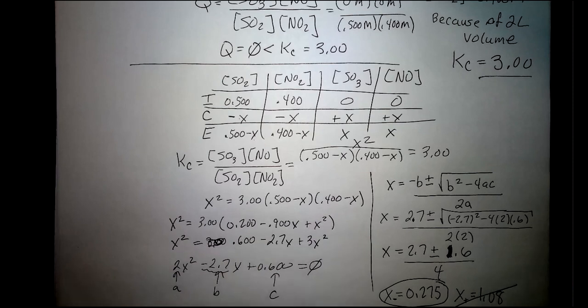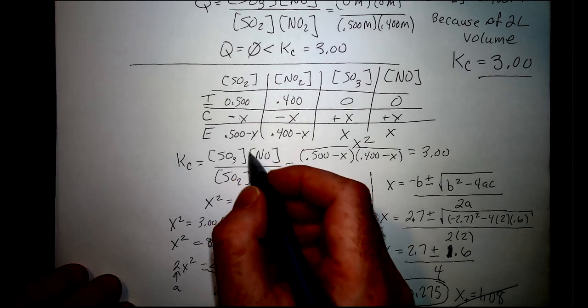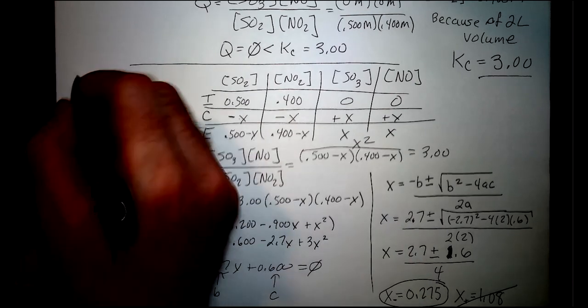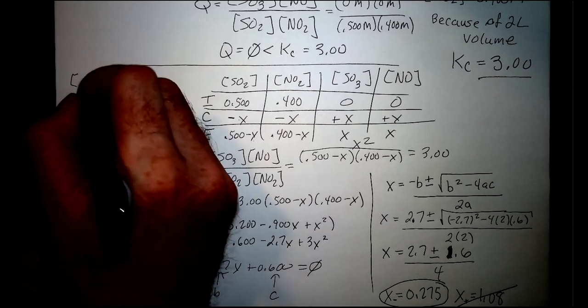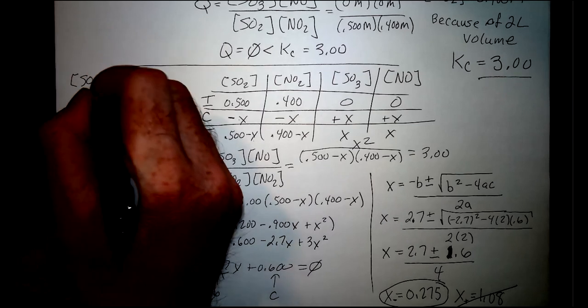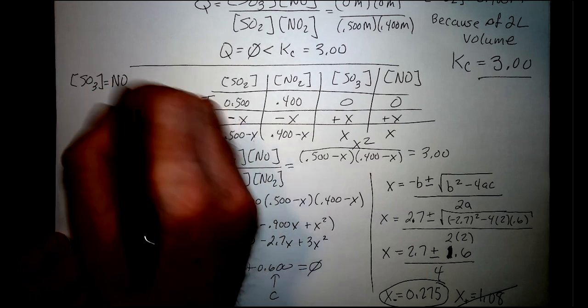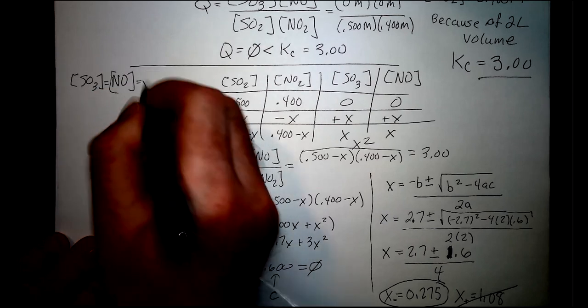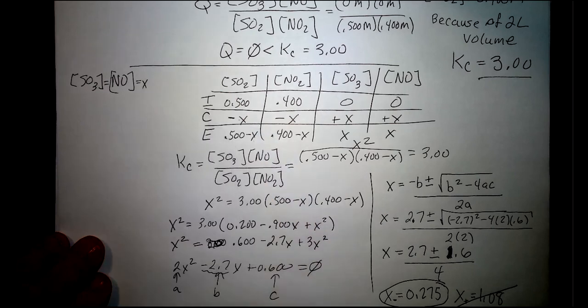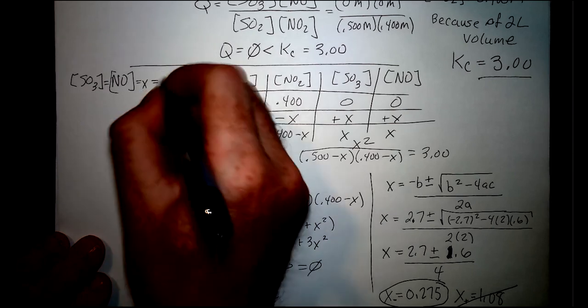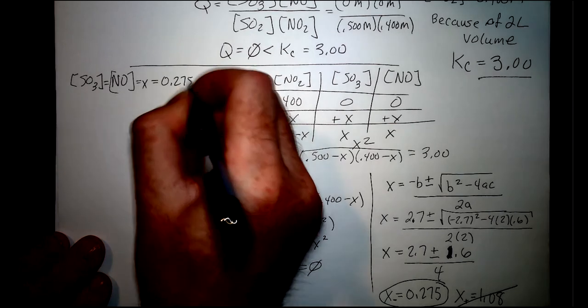So x is going to be equal to 0.275. Let's go back and reevaluate our equilibrium concentrations. The concentration of SO3 equals the concentration of NO, which equals x, and x was equal to 0.275 molar.